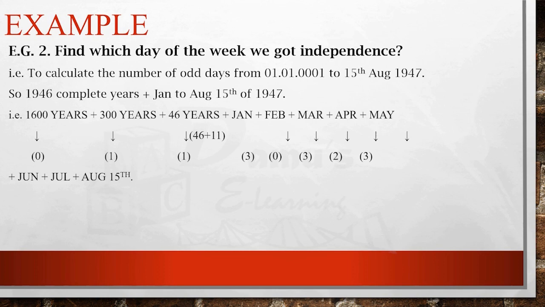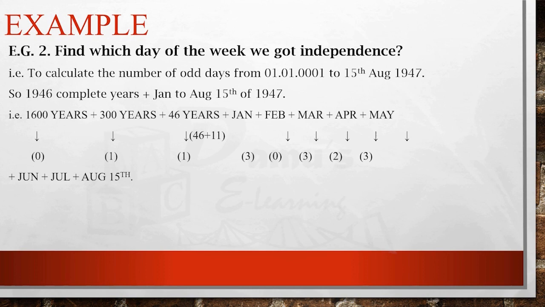Moving on, January has 31 days. That means 31 divided by 7, remainder 3 odd days. February, it is a non-leap year, that means 28 days. 28 divided by 7, remainder 0 odd days. March again 31 days. So 31 divided by 7, remainder 3.